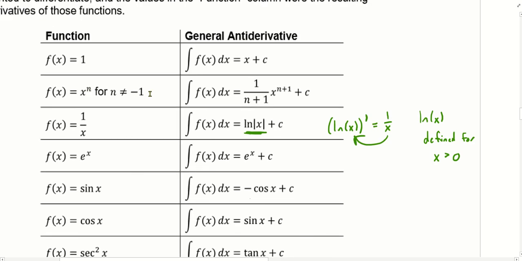So n can be negative. So if you can't do this automatically in your head, that's perfectly fine. Here we're dealing with x to the negative 3. So we could use this general antiderivative formula, just like we've done a lot in class, to solve for the integral.